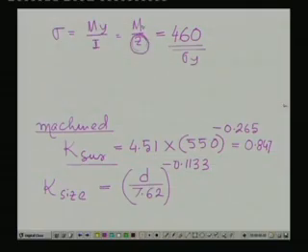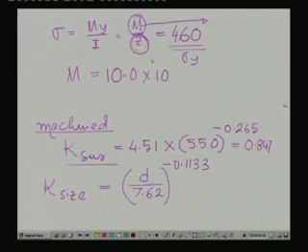Now, here let us take M at the center of the bar, to be on the little larger side. So we get it as 10.0 into 10 to the power 5, and by substituting these values one can find the value of D to be something around 30 mm.